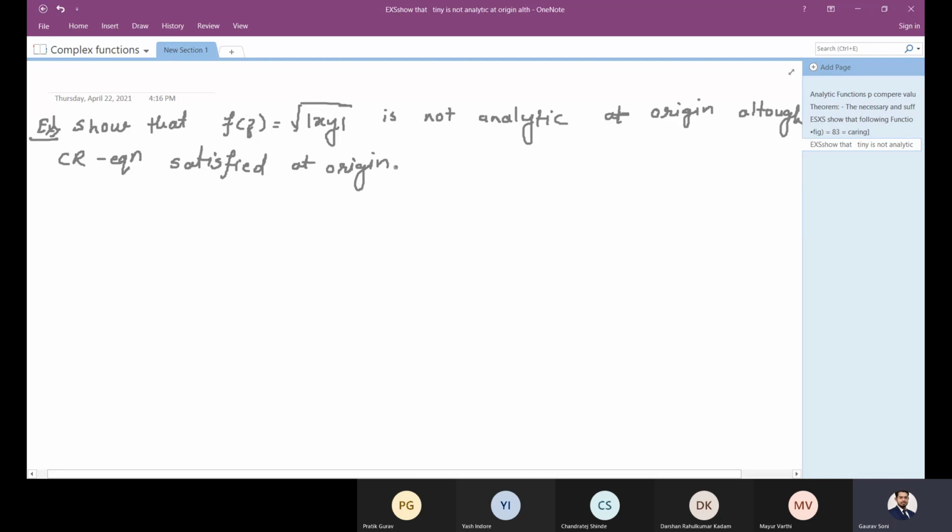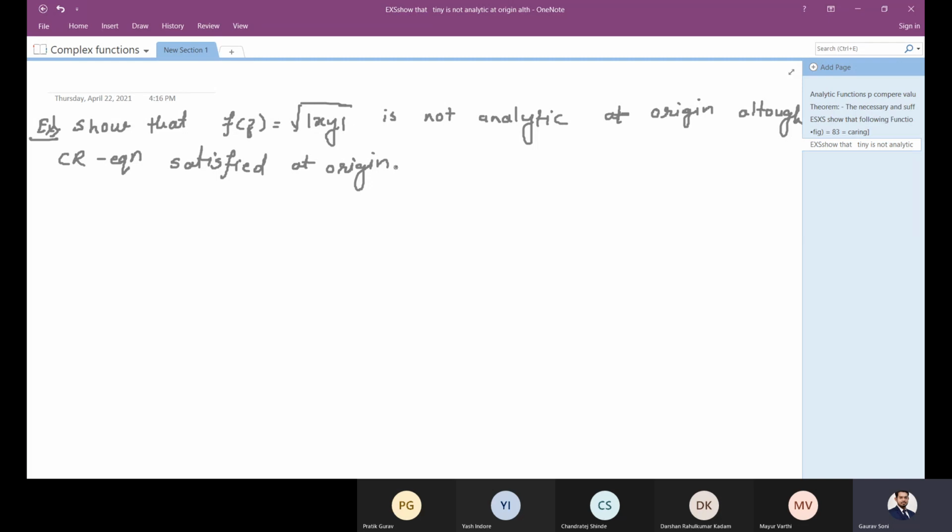So what is happening here? CR equations are satisfied, but still the function is not analytic. And what is the reason here? Recall the statement of analyticity. It said that all four partial derivatives are continuous and the CR equations are satisfied at every point in the neighborhood of the point.